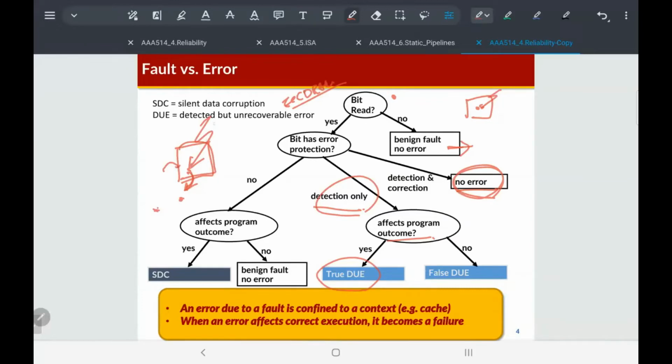DUE means detected but unrecoverable error. But if this detected fault does not change the output of our application, then this is a false DUE.